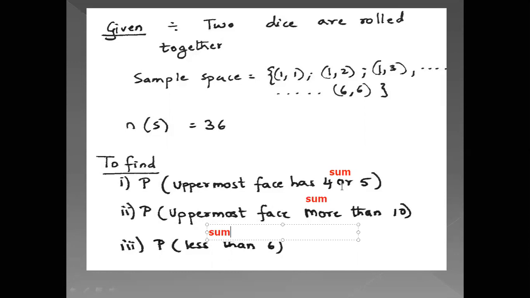But when it is or, you have to take all the possibilities where the addition is 4 and all the possibilities where the addition is 5. So that is the difference. Or means you have to include all the possibilities, and and means you have to include only those possibilities where both the conditions are met. Okay. So now let's see how to go about this question.